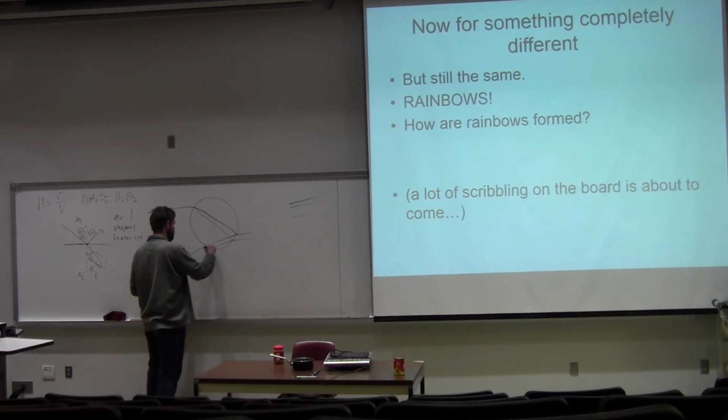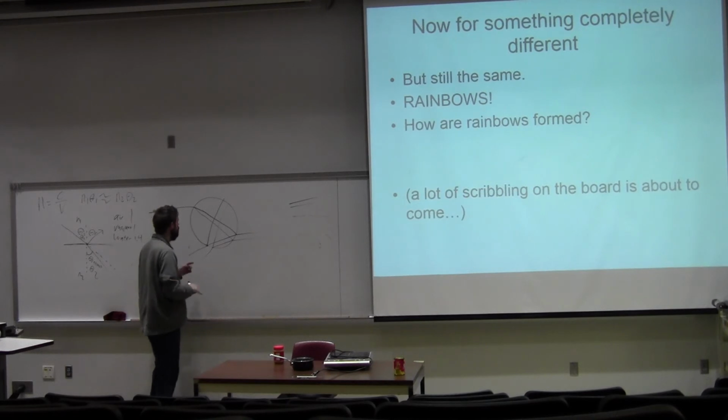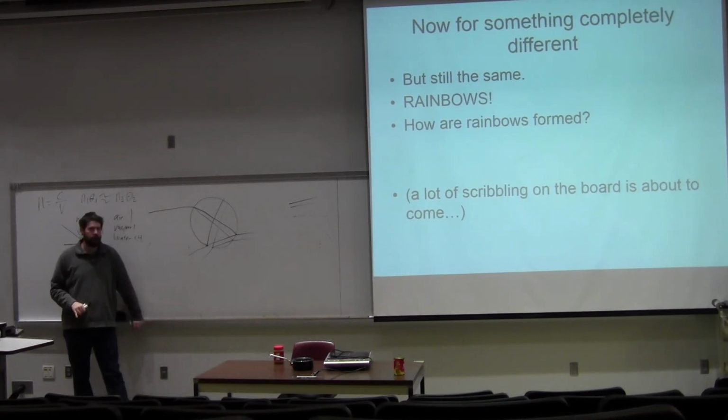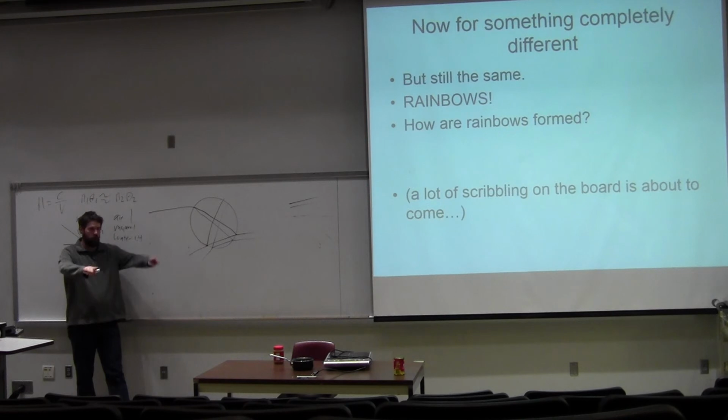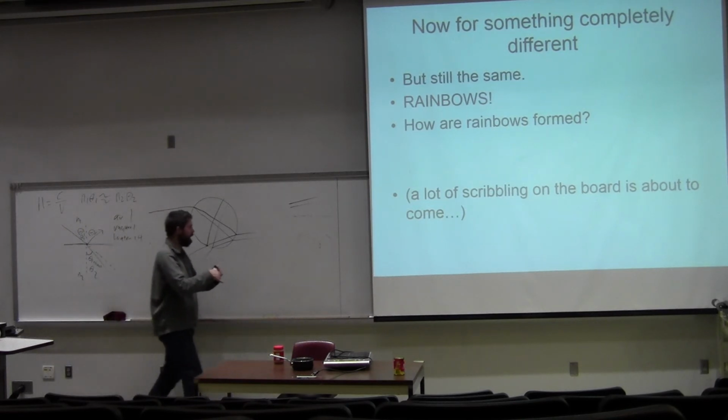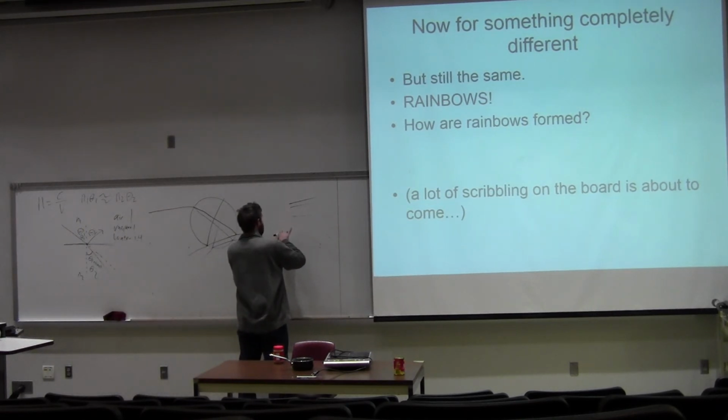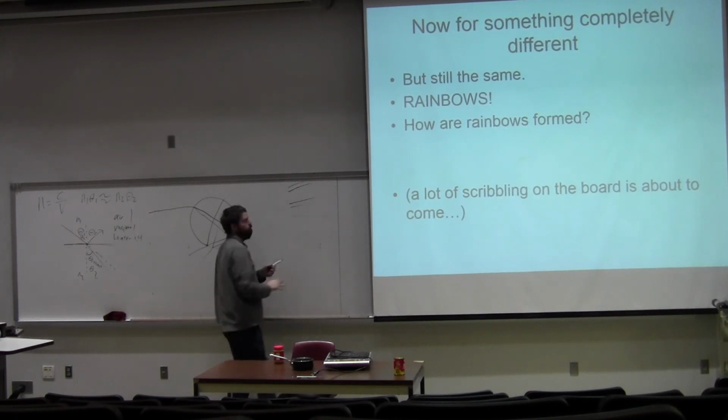So maybe I'll do that. Okay, my drawing's still terrible. But what happens is that the order of the colors reverse. And so what would happen is you would see the second rainbow above it, like that.